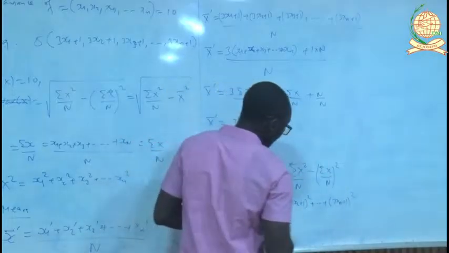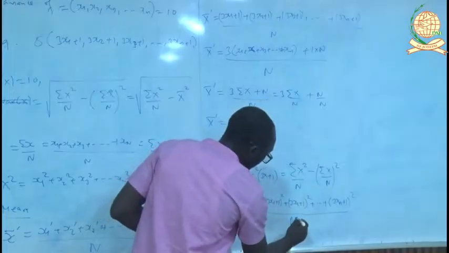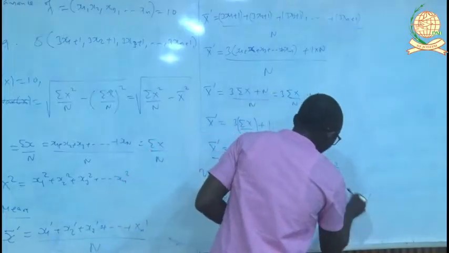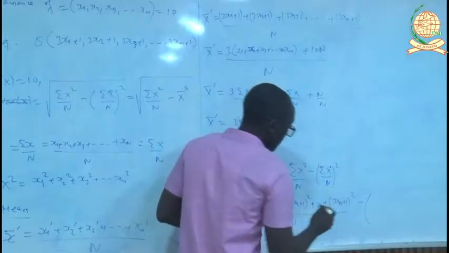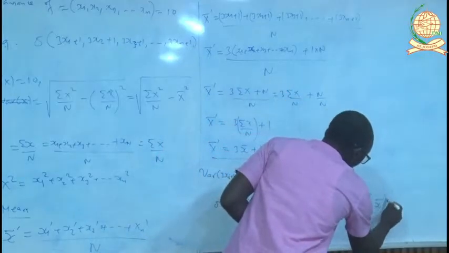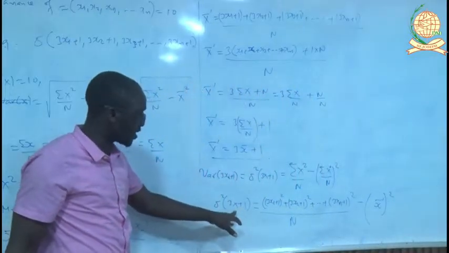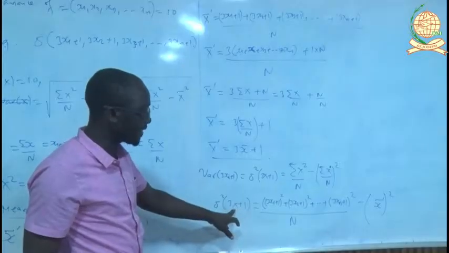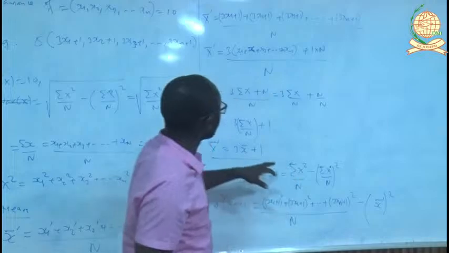But you have to remember, this is the new data. So I'm going to write it out of n, minus, remember this is the new mean, because I'm talking about those new variables. So we had our new mean bar, which we need to square now, because I'm talking about a new arrangement of data, which are new x's. So we need to use the new mean, which we got here.